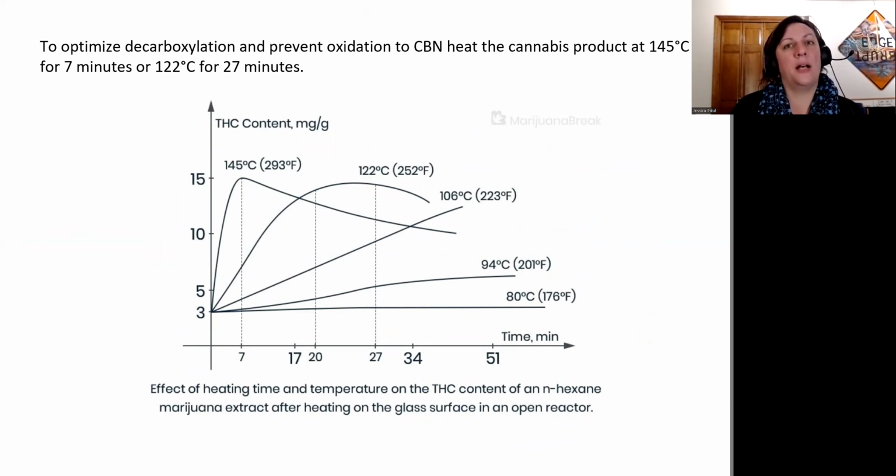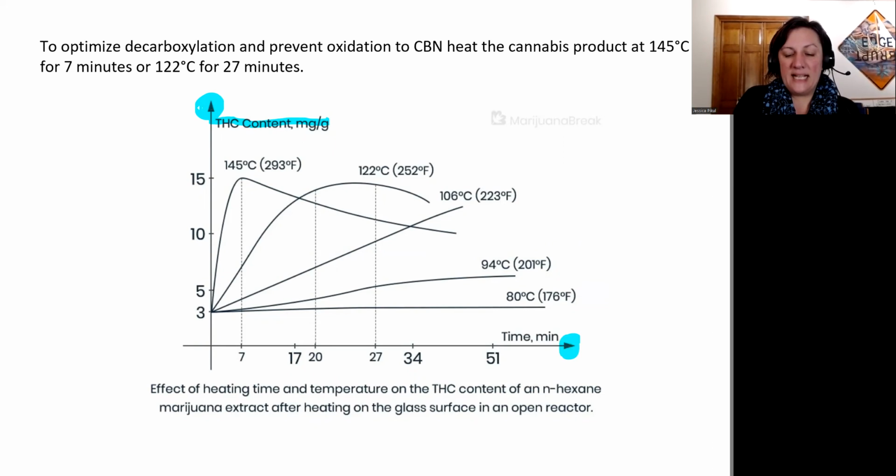They tried decarboxylating at different temperatures and for different amounts of time, and they were tracking the amount of THC content per gram of the extract. That's what's being shown here on the y-axis, the amount of THC in milligrams per gram of extract.